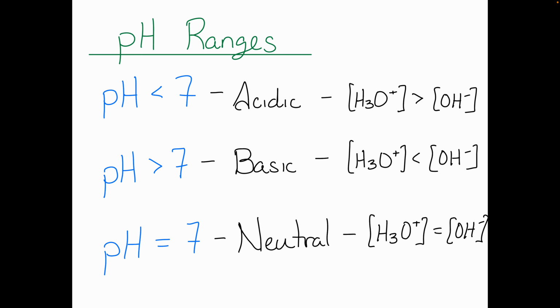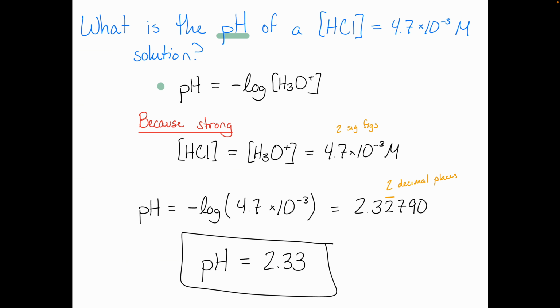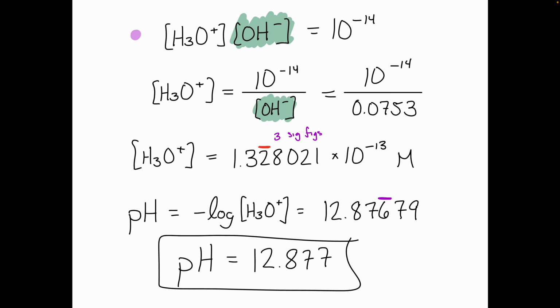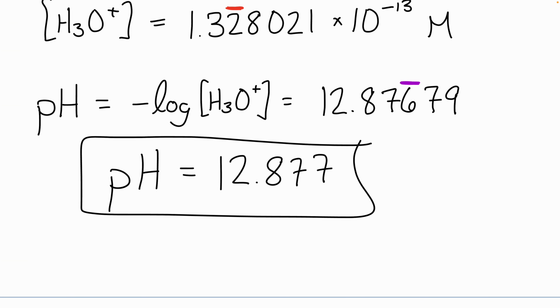So when we put our strong acid into water, what happens to our pH? It falls into which range? A pH of 2.33. That would be acidic. And that checks out, hopefully, because we put a strong acid in there. And likewise, if we check the pH of our strong base, that 12.877, we would consider that a basic solution. Cool.